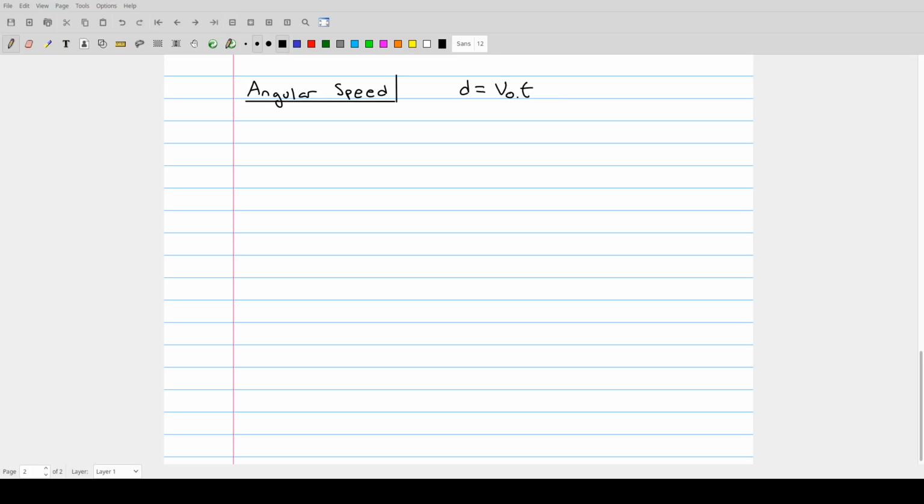So if we have, say, constant angular motion, constant angular velocity, we can also talk about this relationship only in terms of angles.